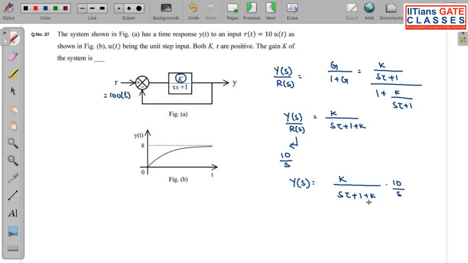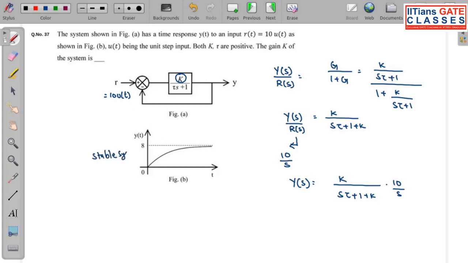How can you find K with the help of this response? First tell me, does the response look like that of a stable system or an unstable system? You can see the output is bounded. For a bounded input, we got a bounded output. So this is a stable system.